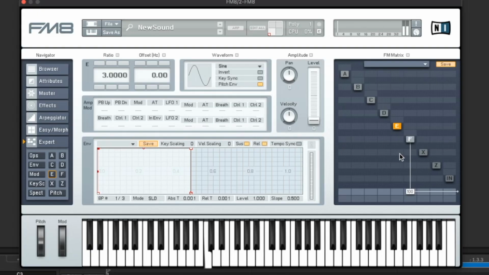Changing the amplitude of operator E affects the timbre of operator F accordingly. We can also do this over time using the amplitude envelope.